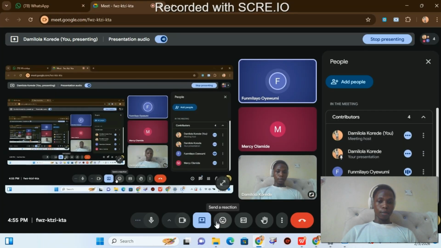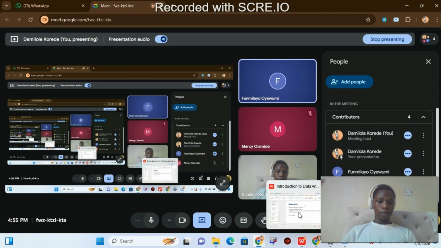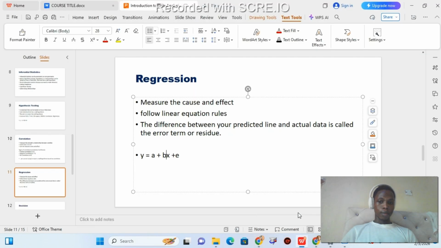Okay, please can you share your screen again? The question is which one is dependent on which one? I said the equation of a straight line has two variables, variable y and variable x, and one variable is dependent on the other.